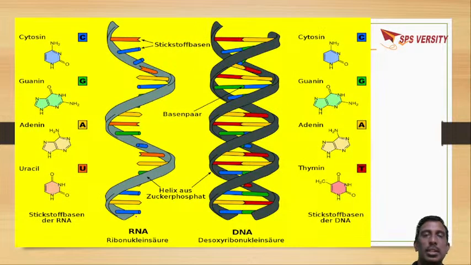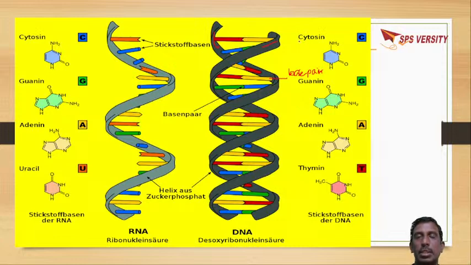Here you can see the structure of a DNA, where there are two strands coiled with each other. This is one strand and this is the other strand. These are called base pairs. A base pair is made of a nitrogen base, one sugar and one phosphate.